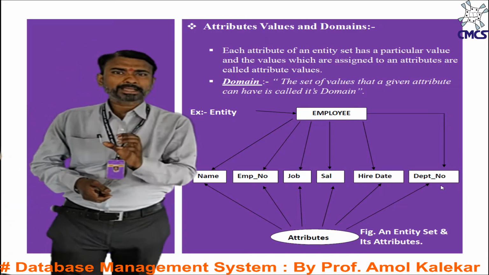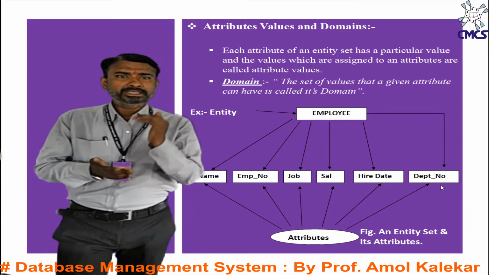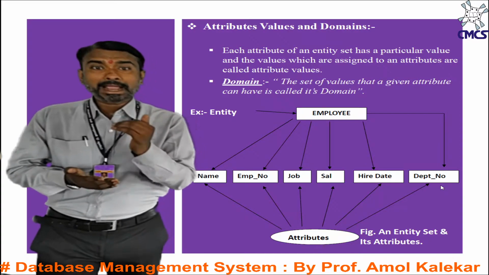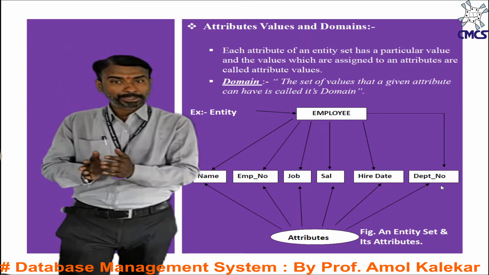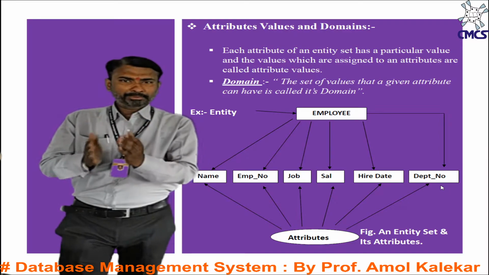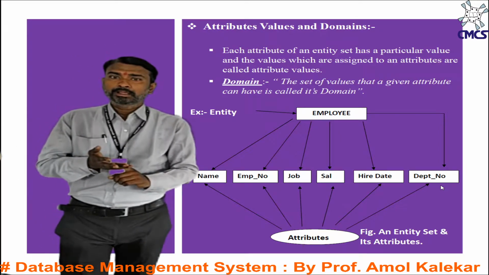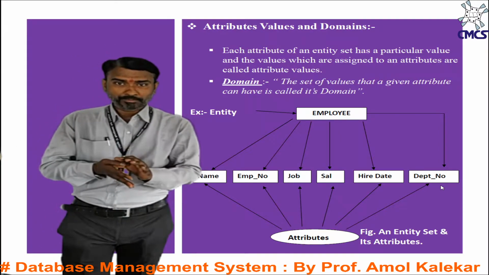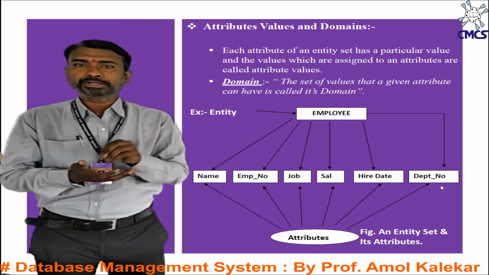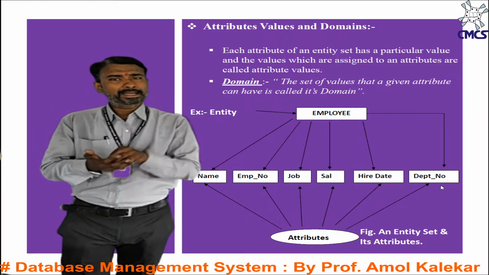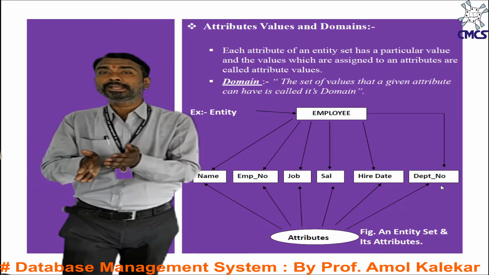Now, the question simply arises, what is the meaning of this domain? In simple terms, the set of values that a given attribute can have or possess is called its domain. For example, if I have a student entity along with the attributes roll number, name, address, and phone number, then while defining the structure or schema definition of the student entity, for each attribute I give its domain, meaning I define its data type.